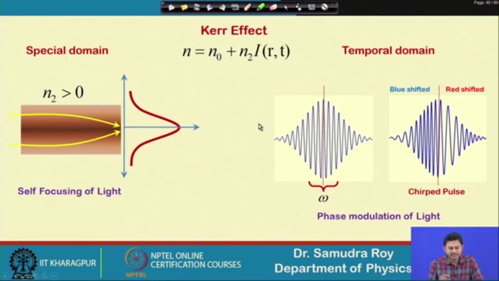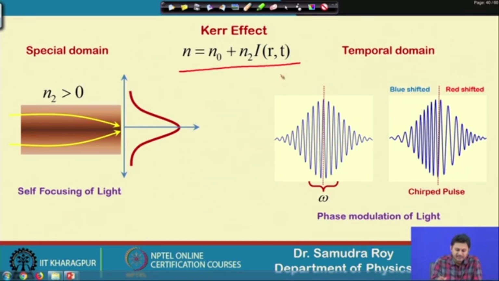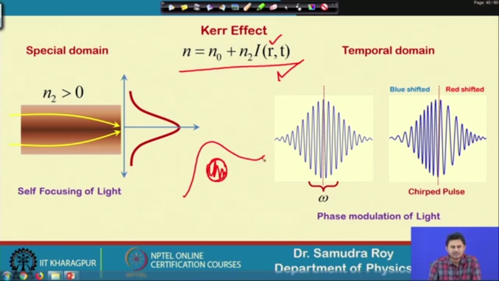Two important things we note about this Kerr effect, and that is very important. This concept you should understand very clearly: in the Kerr effect we have intensity in our hand, and this intensity is a function of position as well as having a temporal part. When we say that the laser light is falling over some place, it is illuminated over a space, and this is the spatial distribution.